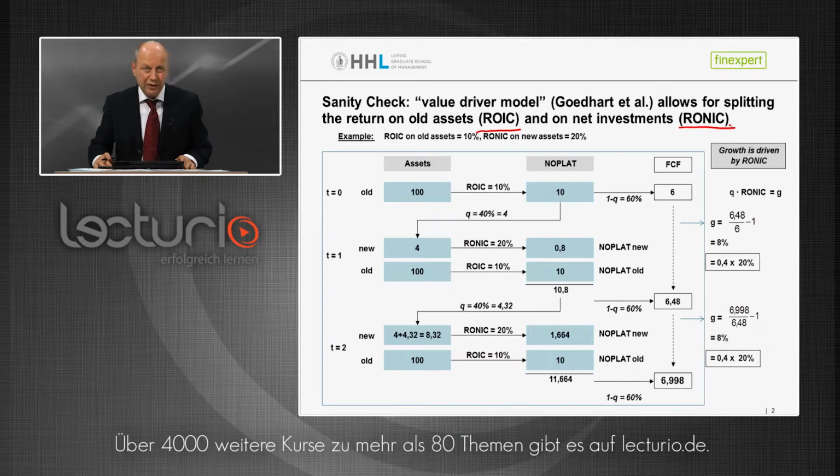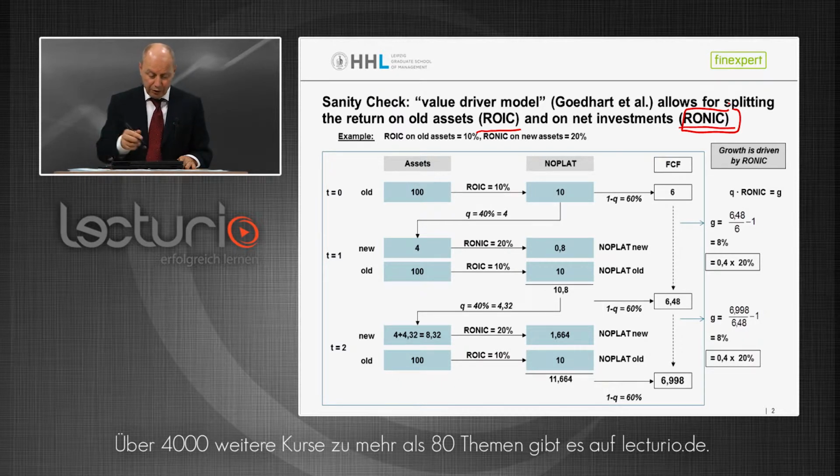The result of this split is that the growth rate, and of course our valuation formula, depends only on the rate of return of the newly acquired assets. The rate of return on the old assets, which is supposed to stay constant, does not have any impact on the growth rate. So here's an example.